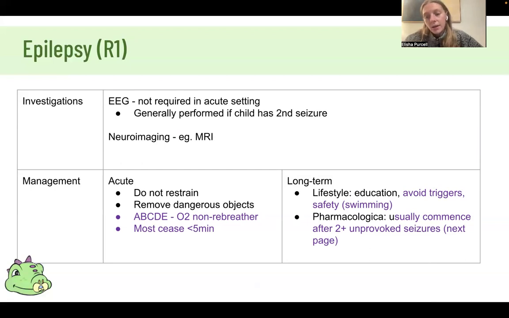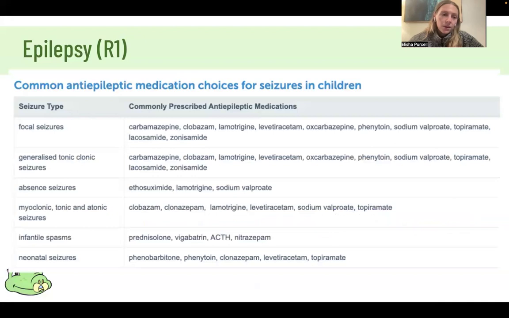So pharmacological, sorry about the typo. Usually we start them after 2 or more unprovoked seizures occur. And pharmacologically, these are different medications. You don't have to remember all of them, but they come up quite a lot. For absence seizures, ethosuximide is a big one that comes up.